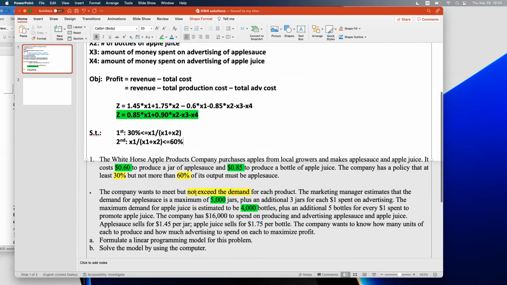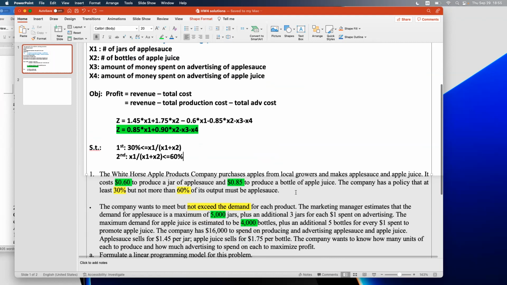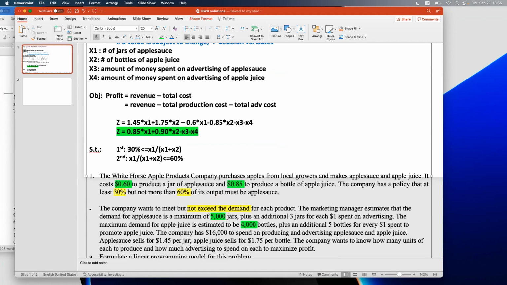The company wants to meet but not exceed demand for each product, right? So what's the demand? We have X1 as the total produced, but what's the demand for applesauce? That's going to be our third constraint.